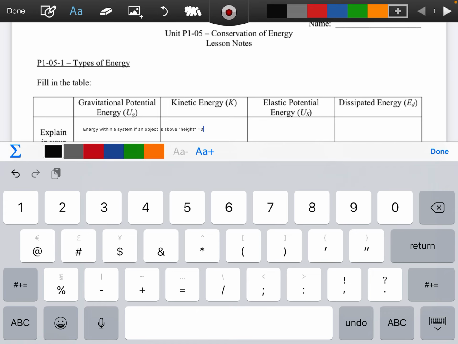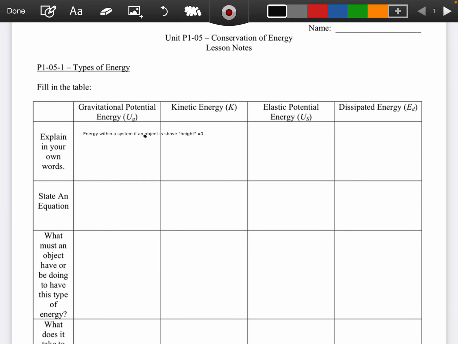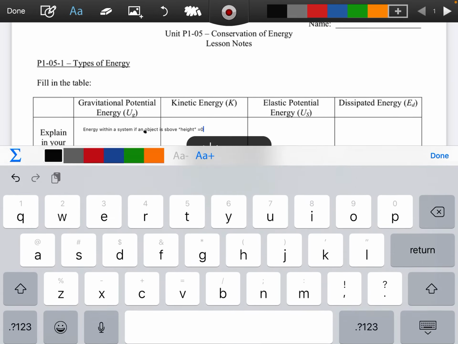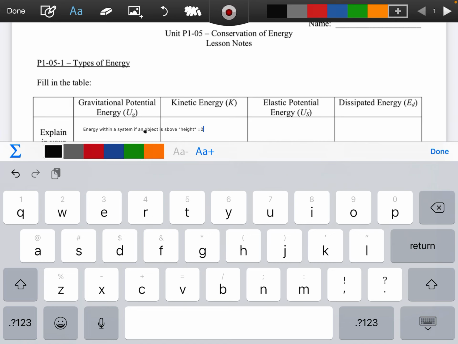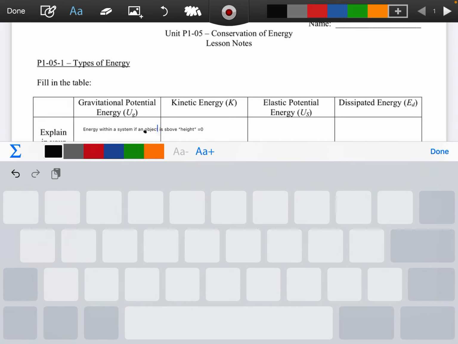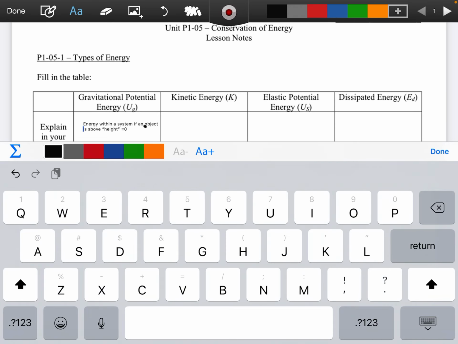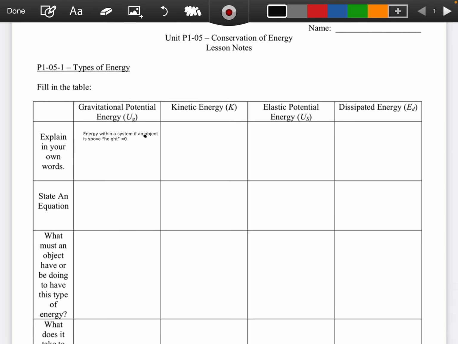So I put height in parentheses here because remember we can move around where our height is. Okay, so gravitational potential energy, energy within a system if an object's height is above 0.